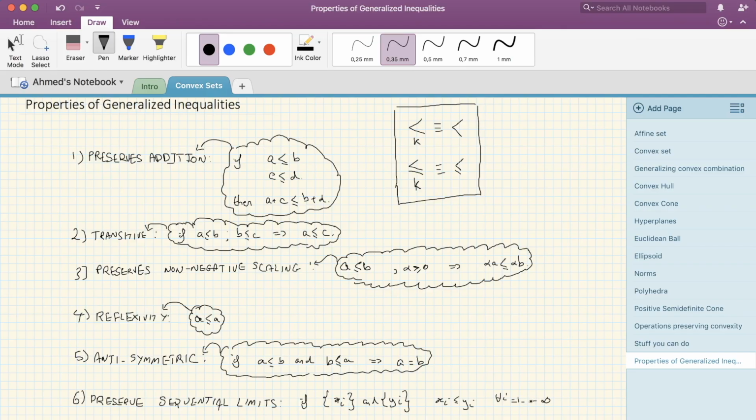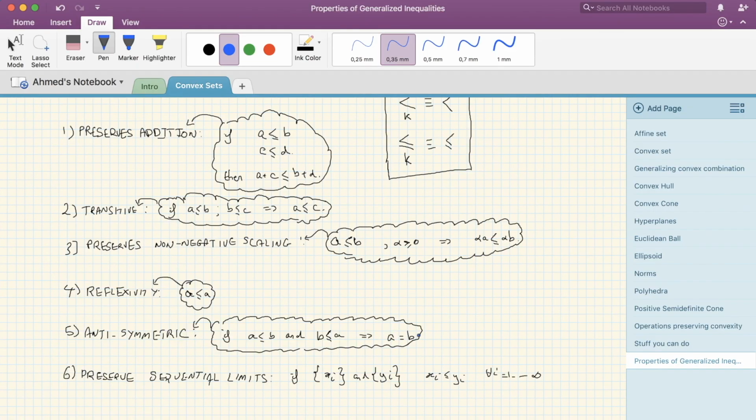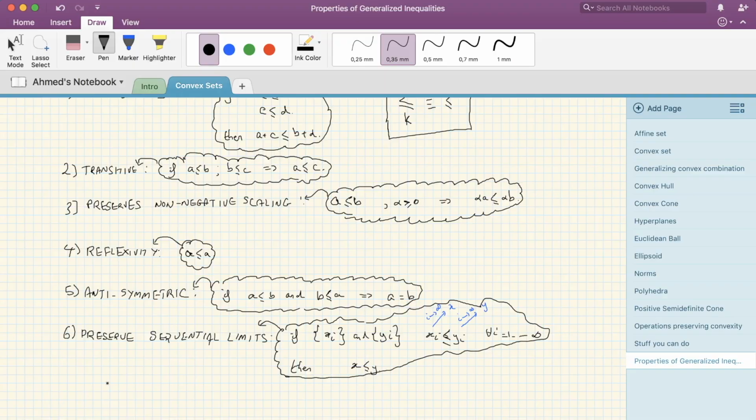And even more than that, we have that the limit of xi is x and the limit of yi is y, so this is the limit as i goes to infinity, and we have the inequality here, don't forget. Then what can we say? Then x is less than or equal to y. It means that if you have both limits where each entry xi is less than its corresponding yi, then the limits of both sequences also follow the same sense of inequality, okay? So far we talked about the generalized inequality.